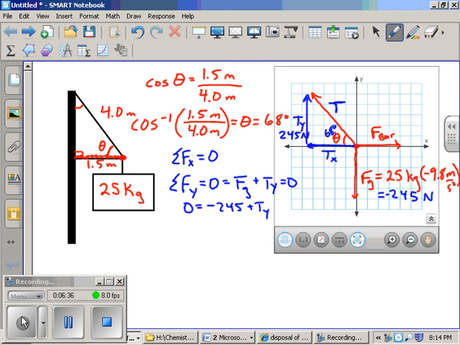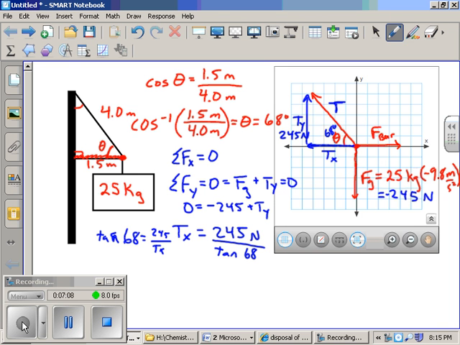So we can say Tx must be equal to 245 newtons over tangent of 68. Now, to get at that, we would say tangent of 68 is equal to opposite 245 over adjacent Tx.